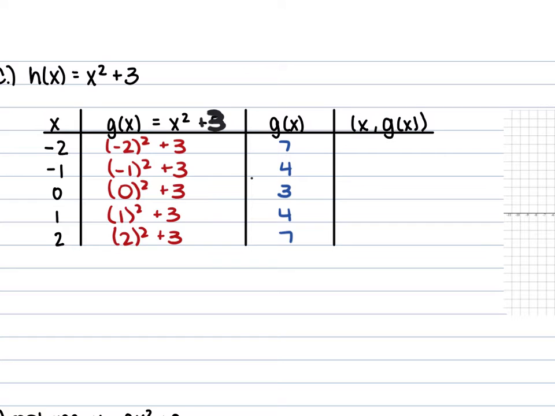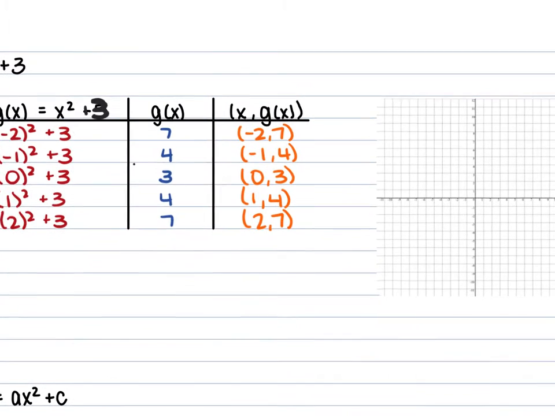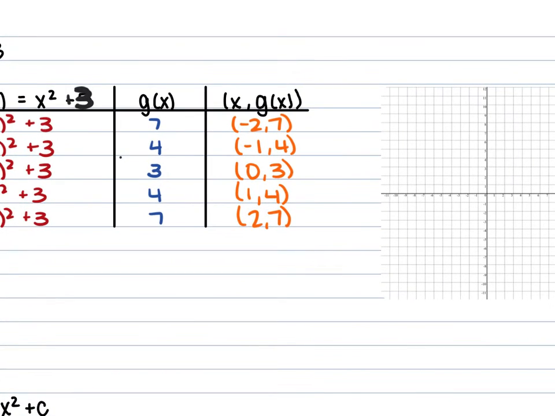So the ordered pairs that we have here are going to be -2, 7, -1, 4, 0, 3, 1, 4, and 2, 7. So on this coordinate plane, when we draw our points, we have -2, 7, which is here.